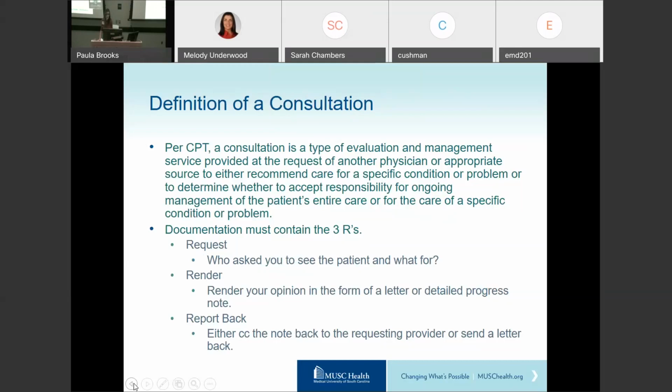You will see that it's pretty much the same as initial inpatient, you still have to meet those 3 key elements.